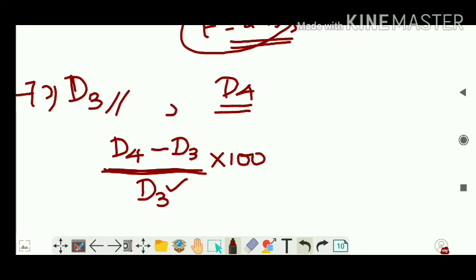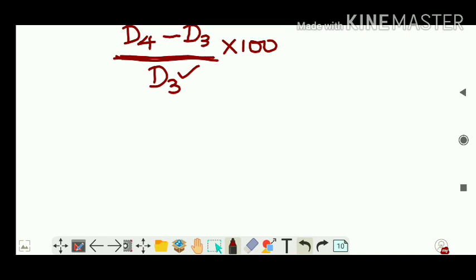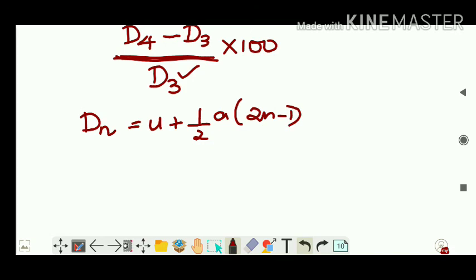Now this much is clear. Let a be the constant acceleration of that particle, and the nth second displacement you will write as u plus half a into 2n minus 1. That is our expression. Since the particle is starting from rest, u is equal to 0, so dn will be equal to half a into 2n minus 1.